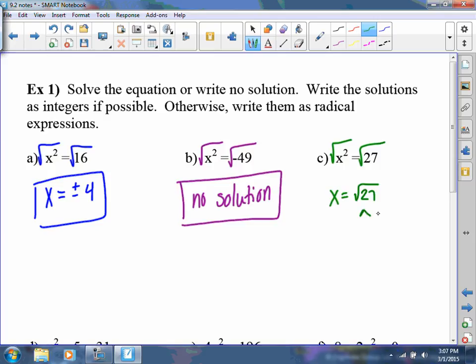And again, I want to divide by my biggest perfect square that'll go into 27. And that's going to be 9. 9 times 3. And the square root of 9 is 3. And then I'll have my square root of 3 left over. Now the other thing I need to make sure I have in my answer is my plus or minus. So I'll have a plus or minus in front of that, and I can set it equal to x.